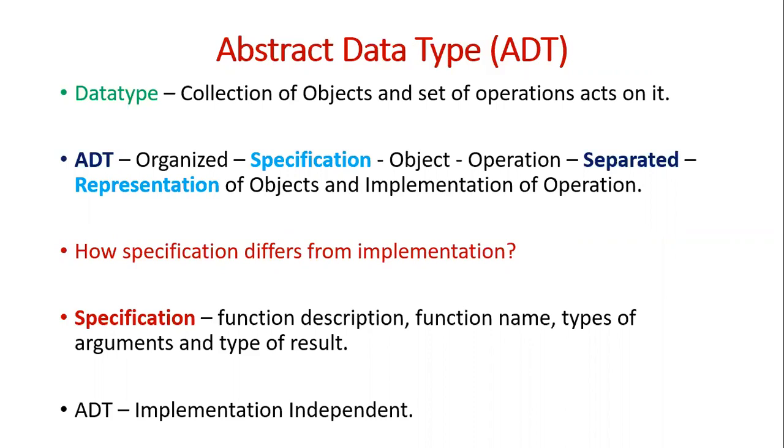A data type is a collection of objects and a set of operations that can be performed on them. So if you take an integer data type, it's a collection of numbers within a certain range. Okay, the integer has a range, right?